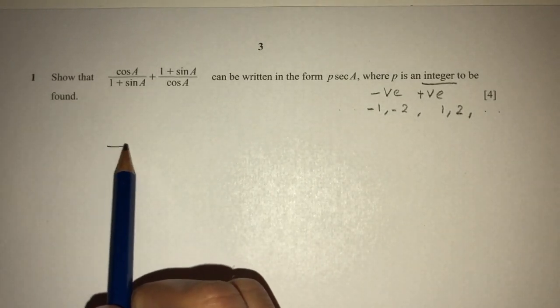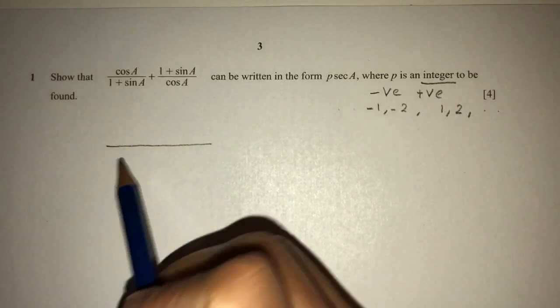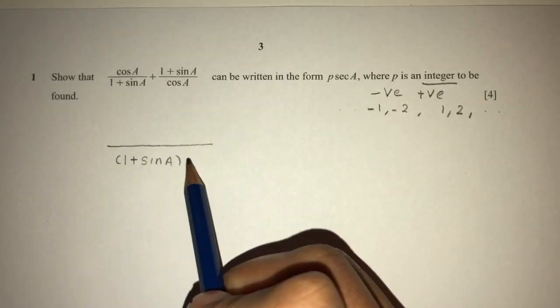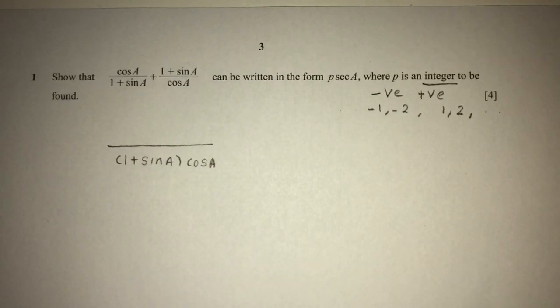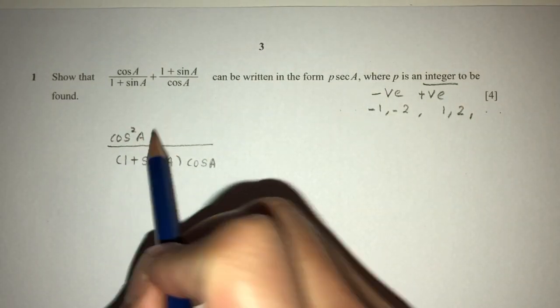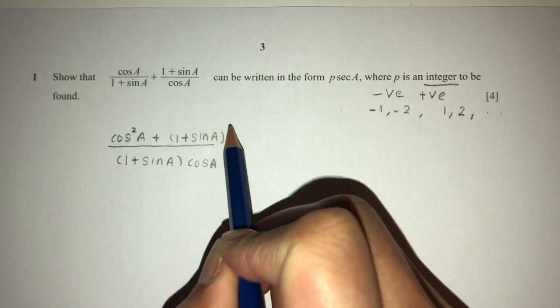As we have seen many times before, we multiply them by each other. You will have 1 plus sine A multiplied by cos A. Next step is to cross multiply. You will have cos square A plus 1 plus sine A squared.